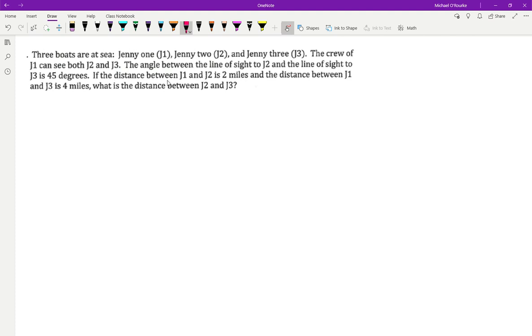If the distance between J1 and J2 is 2 miles, and the distance between J1 and J3 is 4 miles, what's the distance between J2 and J3? So go and do that diagram here right now and post it in the Padlet so I can see.